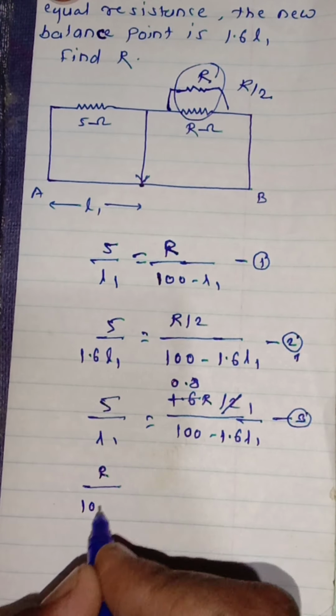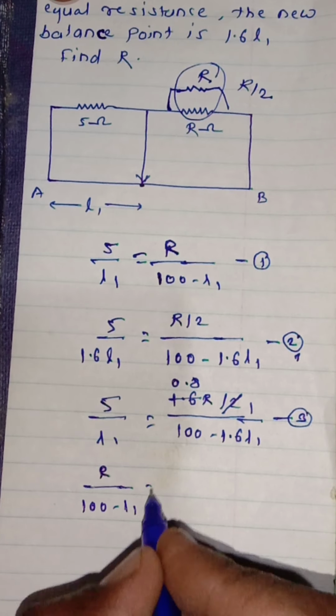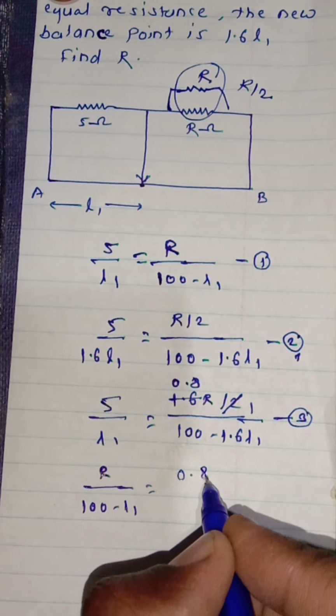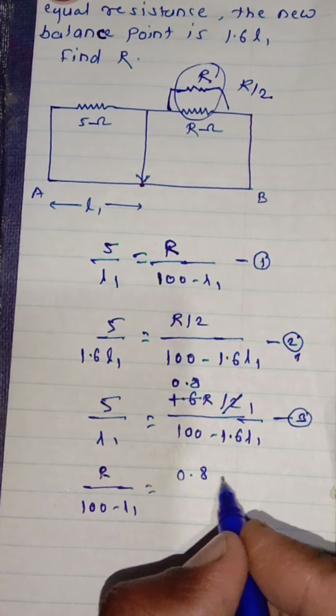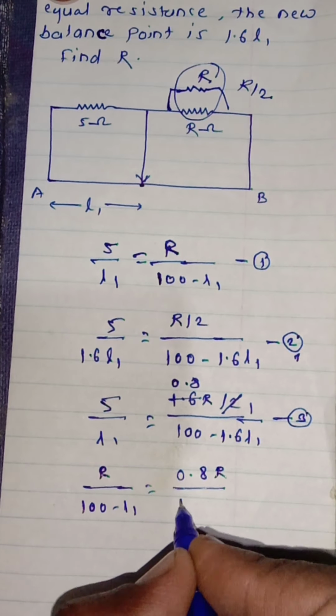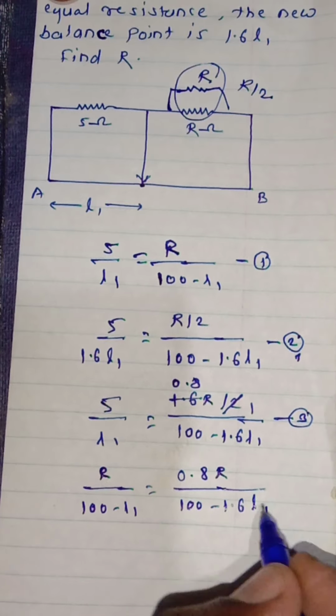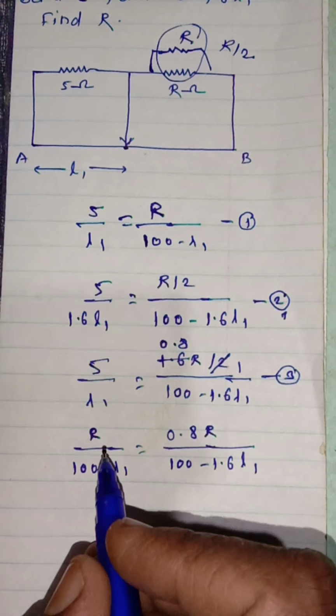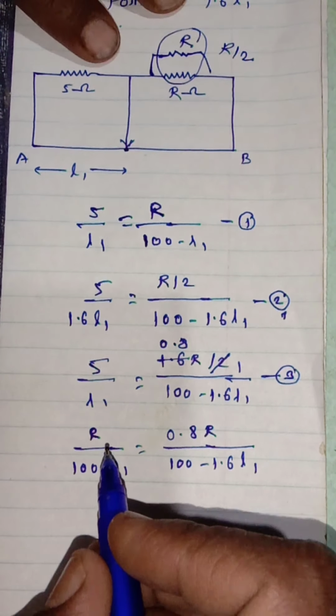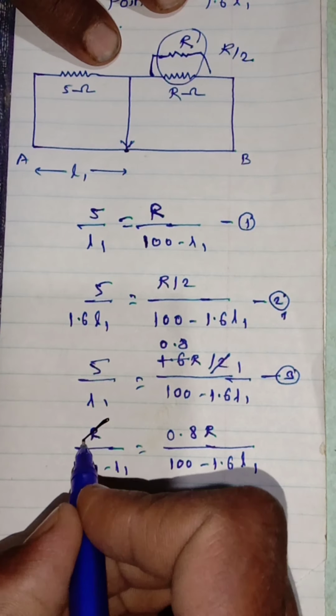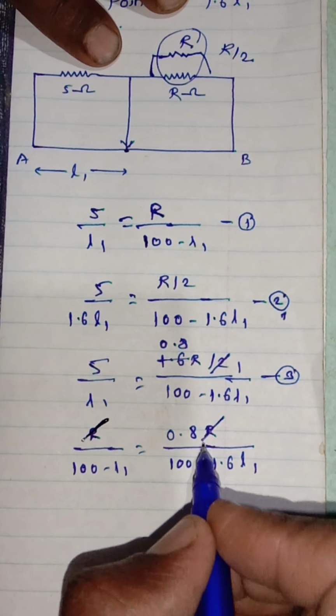divided by 100 minus L1 is equal to 0.8 R divided by 100 minus 1.6 L1, and this R and this R get cancelled.